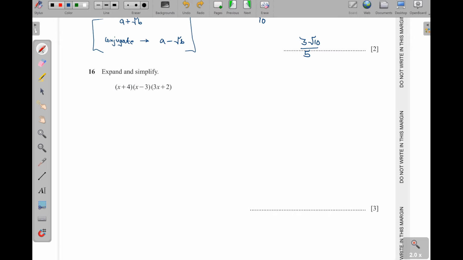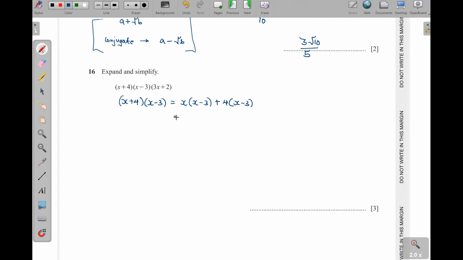I'm going to begin with this x plus 4, then times x minus 3. Remember, what is in the first bracket must multiply with whatever is in the second bracket. So x here has to multiply with x minus 3, and also 4 will multiply with x minus 3.